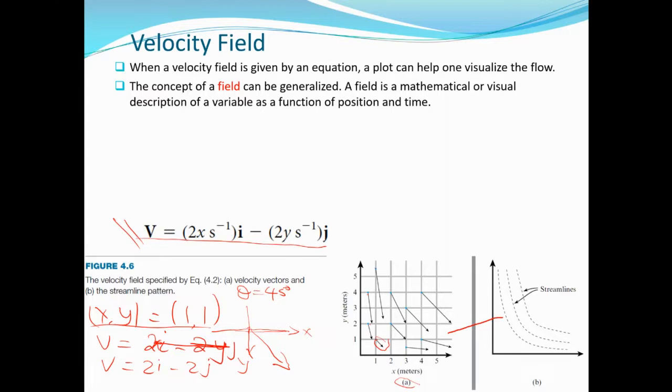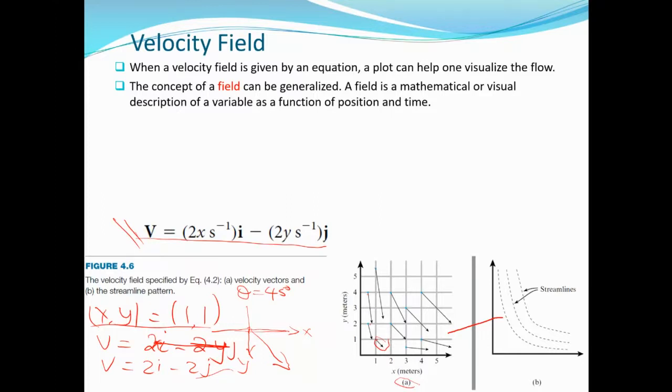The sense is represented by the arrow, and the direction is given by the angle of inclination to any of the axes. Now, in the second part, the second figure, we have B. This is the visual description, a plot of the velocity vector, by selecting any combination of x and y, plugging them here and plotting the resultant equation using our knowledge of vectors by calculating the angle in each case.